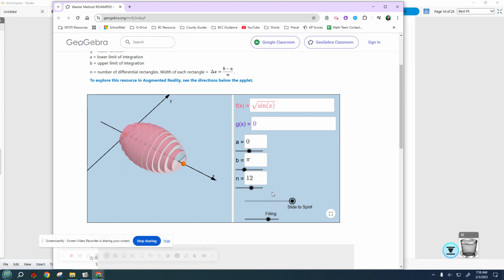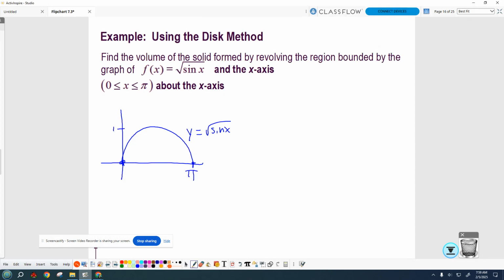So what's any kind of area of just one cylinder? What's the area of the circle that we're going to have to integrate? What is r in this case?